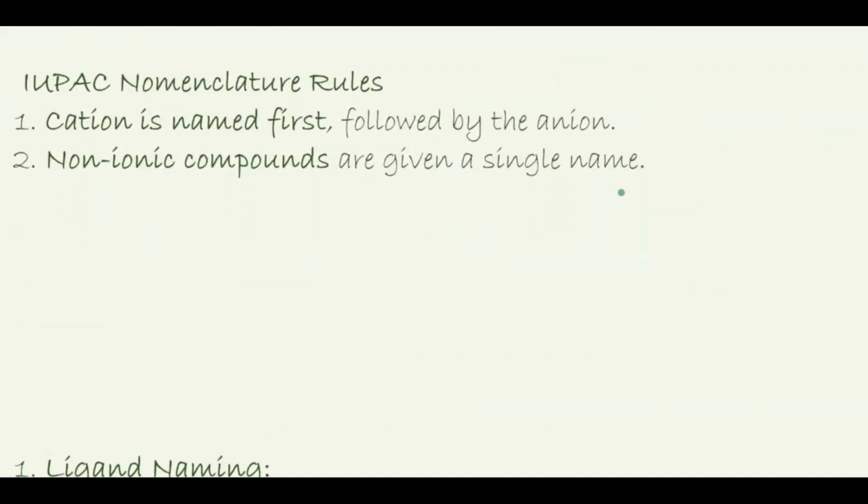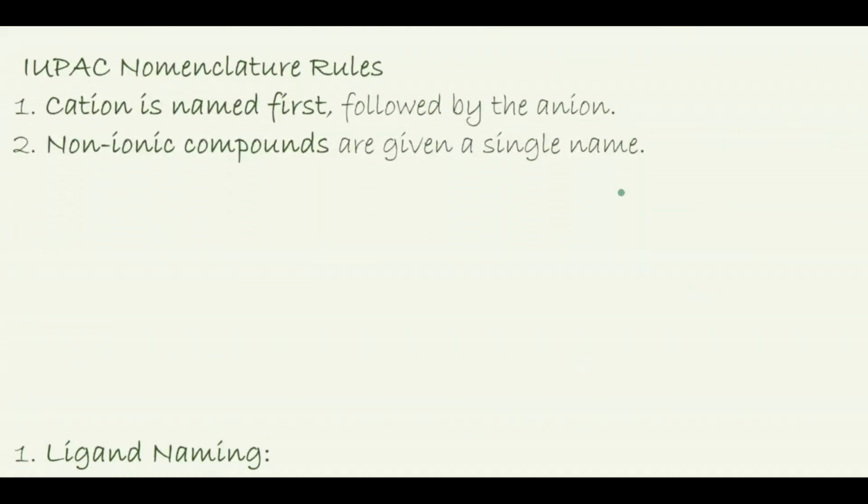The next part is the nomenclature of coordination complexes. How can we name them? Like we saw the IUPAC names for organic compounds, here also we have separate rules. Coordination complexes are in a separate world, like organic chemistry.